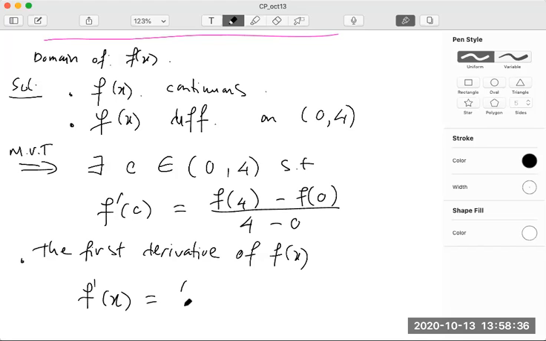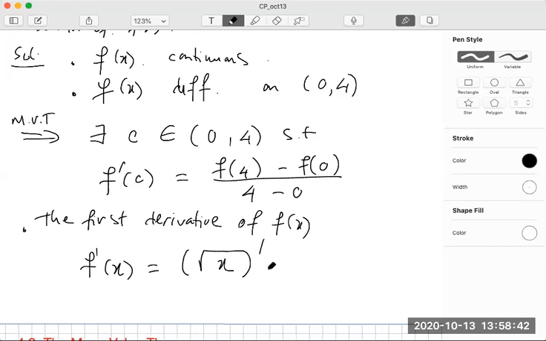f prime of x, or f prime of this one. What is it? Say it again. Yes, very good. Thank you. Who was that? What is your name?